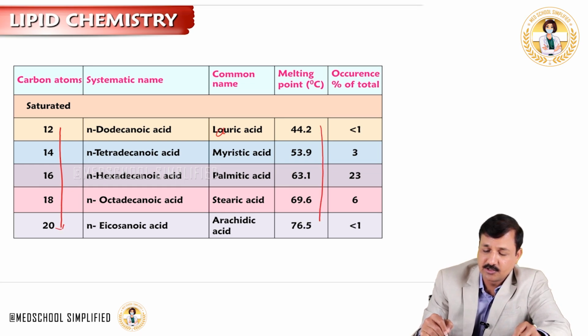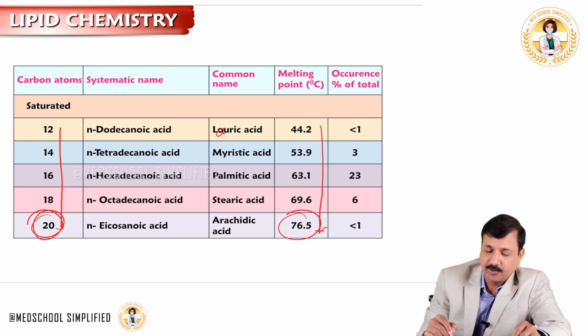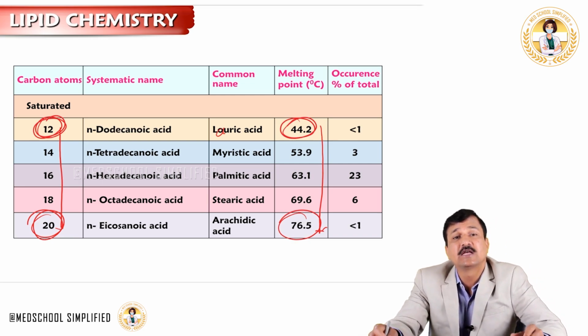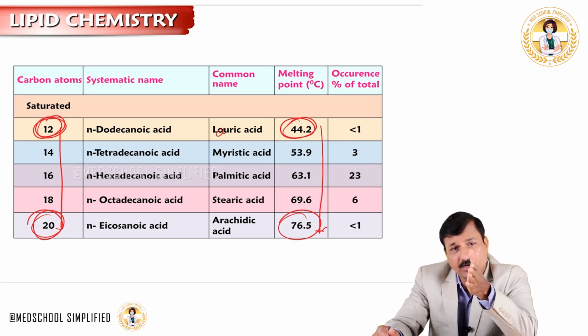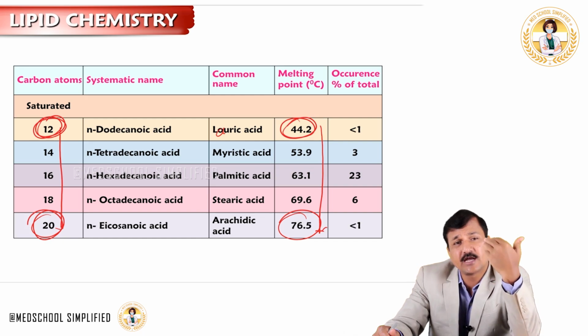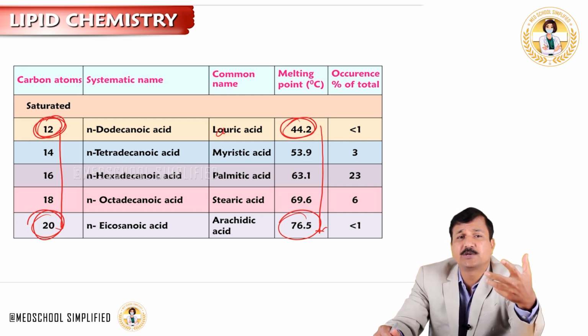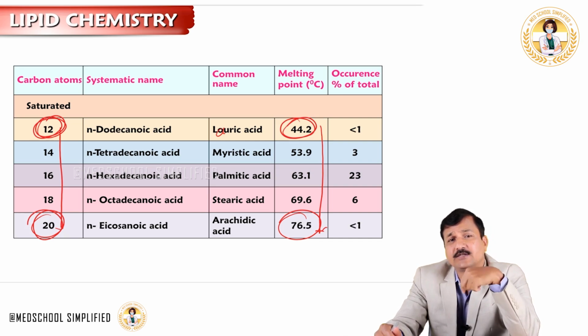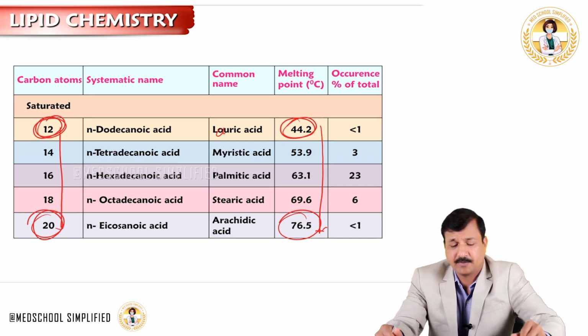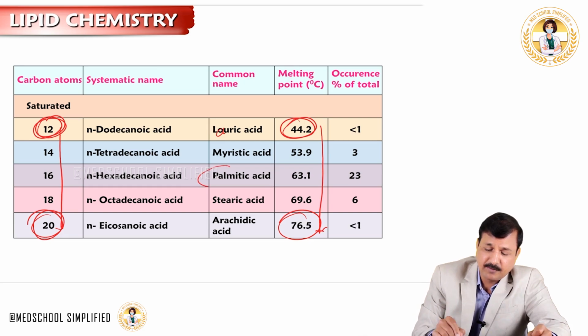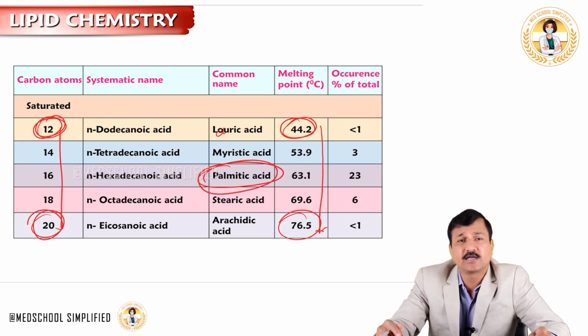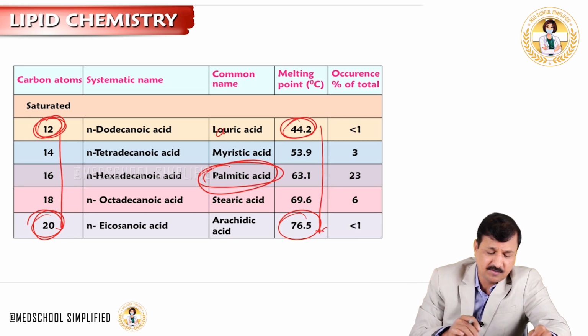Melting point is also increasing, because 20 carbon has a melting point of 76.5, whereas the 12 carbon fatty acid has a melting point of 44.2. That means as the hydrocarbon length increases, it needs higher temperature to melt this particular fatty acid. So, increase in hydrocarbon length increases the melting point. Make sure you remember that point. Okay. And palmitic acid is the most abundant fatty acid occurring in the human body.